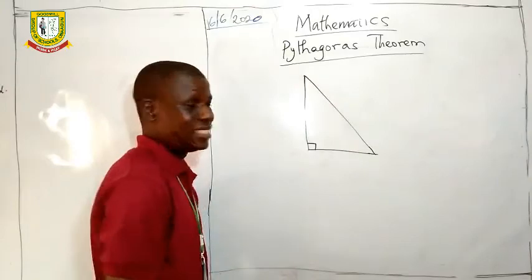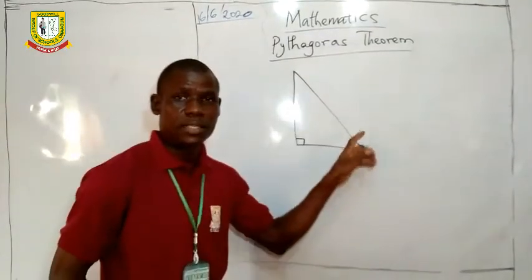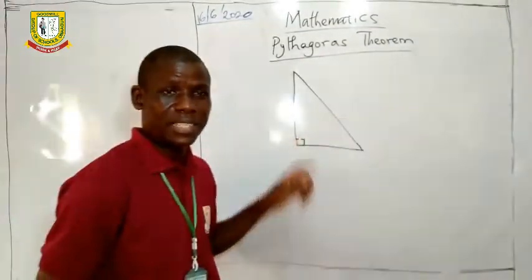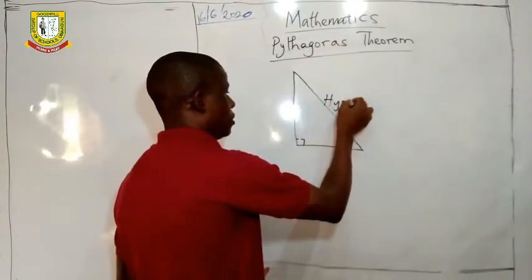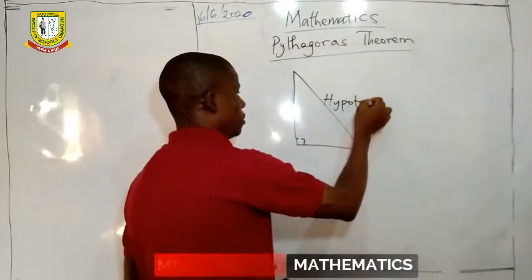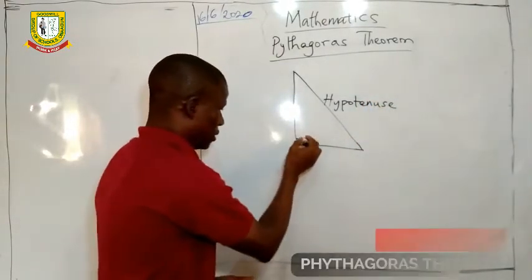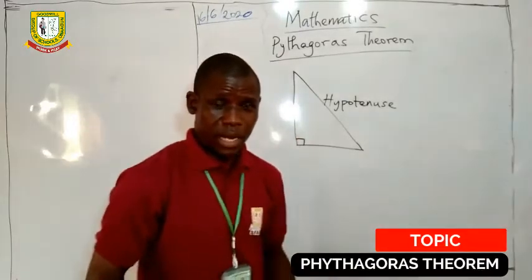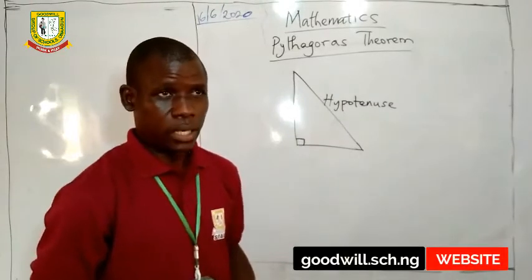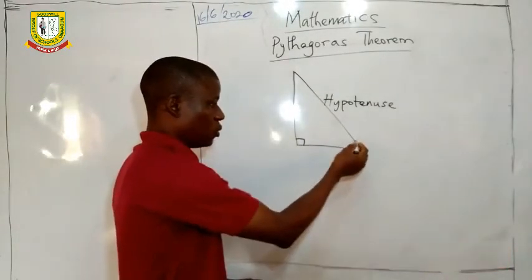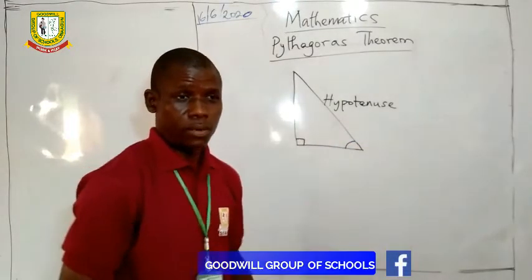The side that is directly facing that angle 90 degrees is the hypotenuse, while the other two sides will come as our opposite and adjacent. We determine which one is which based on the angle that is given alongside the right angle.